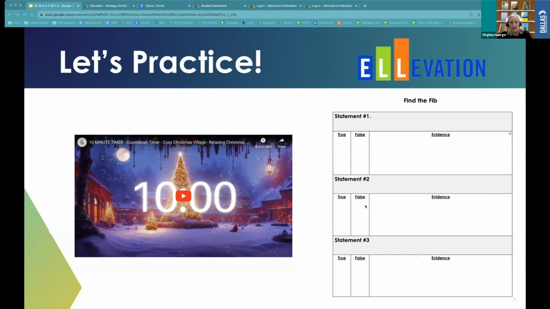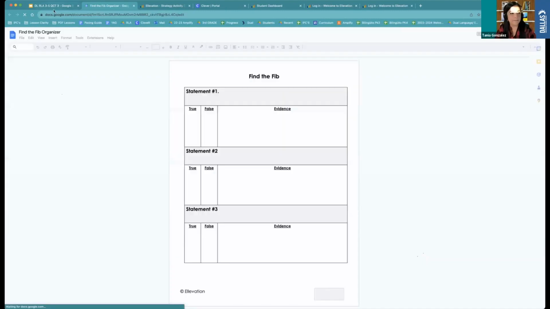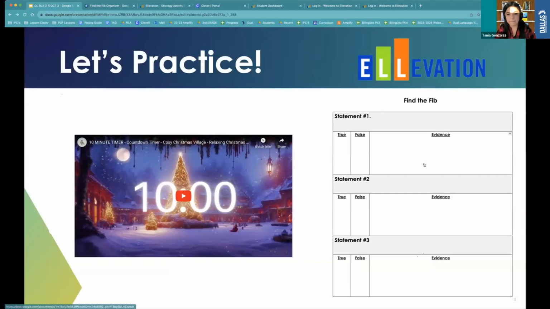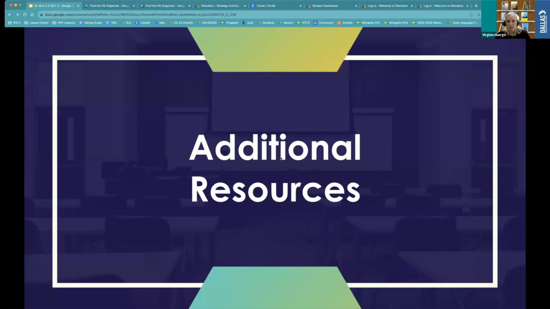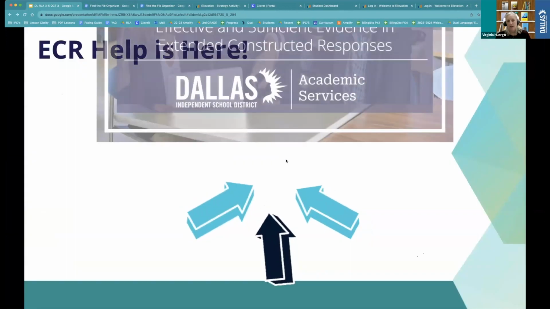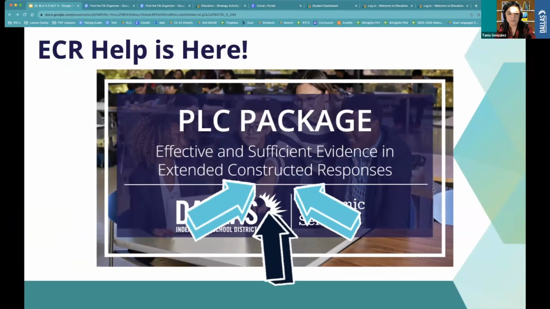Okay, so we have additional resources, and very quickly, I want to only stop at the PLC package. If you can show that slide. Yes, okay, thank you. So if you find that your students need help gathering the evidence for the ECR, there's a PLC package here.